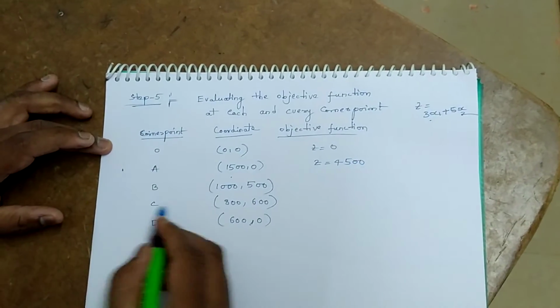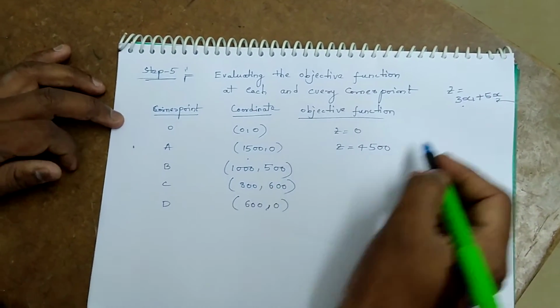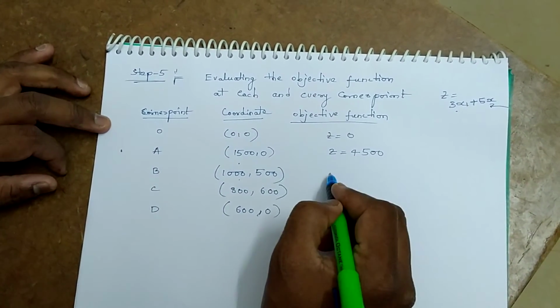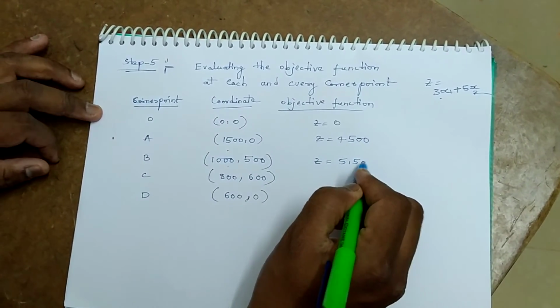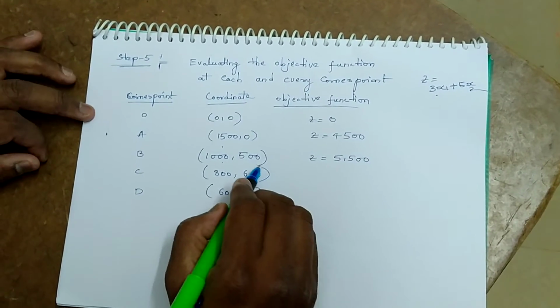Similarly, to evaluate the objective function at B, put x1 is equal to 1000 and x2 is equal to 500. Accordingly, Z will be 5500. The evaluation at corner point B is over.